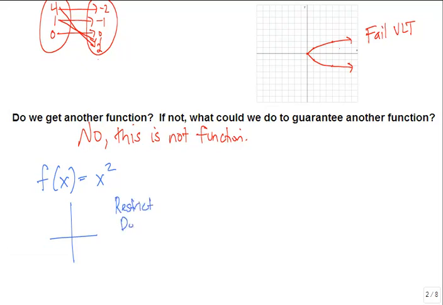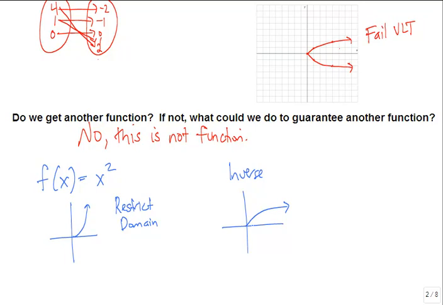We could restrict the domain so that instead of using the entire parabola, maybe we would just use half of it. Then if we reverse that correspondence, the inverse graph would look like a sideways parabola, but we wouldn't be using both sides anymore. If we're using the positive x's here, we would use the upper half of the parabola over here.